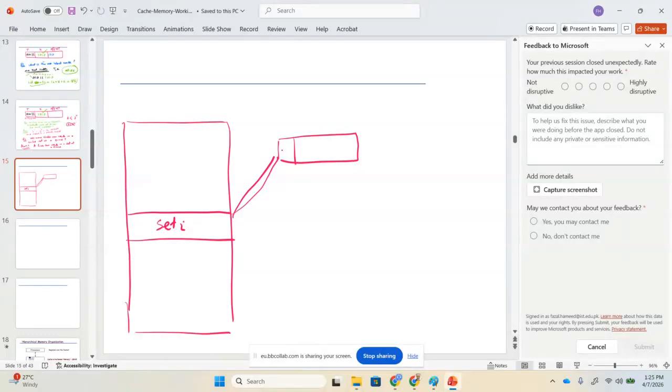Way 0: the valid bit is 1, the tag bits are 101, and these are the data bits, B0 until B31.